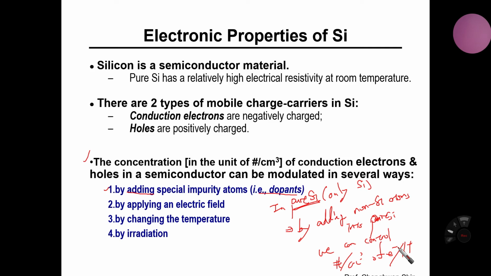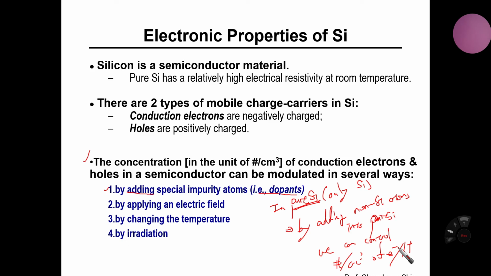And this is kind of magic, right? By simply adding a very small, tiny amount of impurity atoms or dopant atoms into the silicon, we can control the total number of electrons and holes. So we're going to study some details, the impact and effects of adding special impurity atoms on the concentration of conduction electrons and holes in a silicon material.